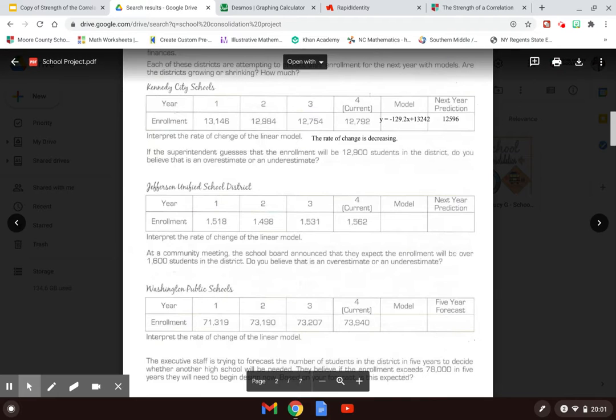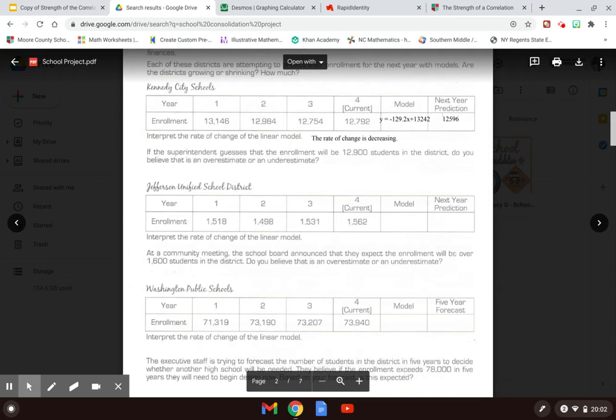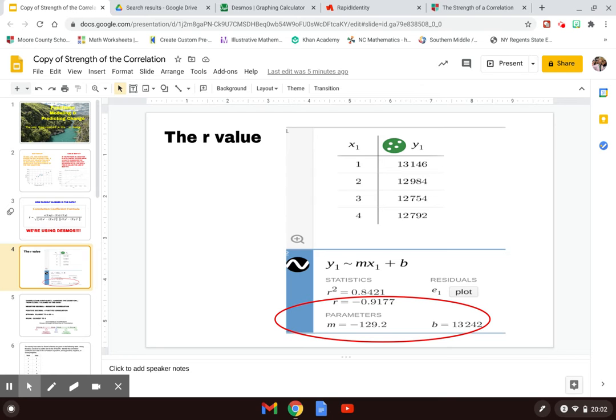What you actually were doing here was a scatter plot, and this here was the equation for the line of best fit. So you used that scatter plot, the data, and the equation of the line of best fit to model and predict change for year 5. All right, so you've already been doing this, which makes this lesson rather easy for you today.